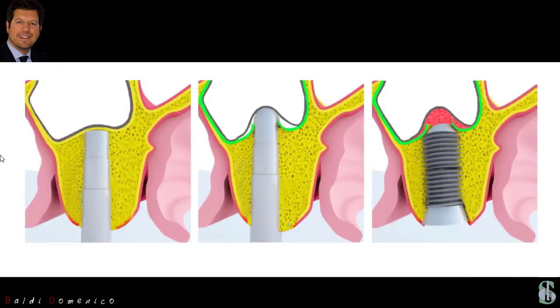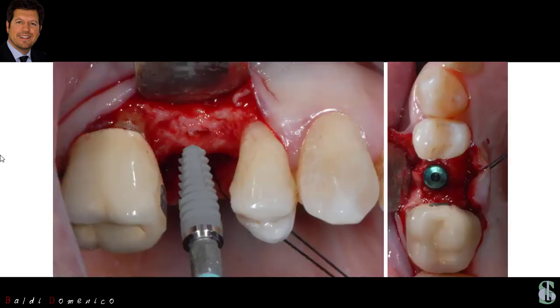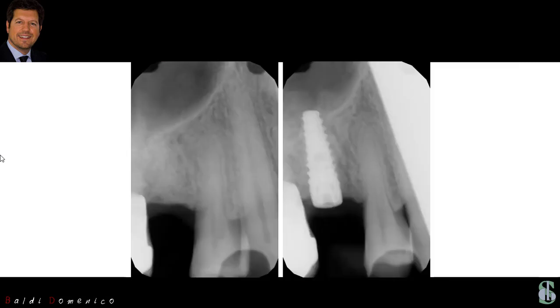Again, in this virtual reproduction, you can understand the procedure, but I want to show you the clinical cases. And in this case, we start again with the 100 osteotome, we enlarge our hole, and with the osteotome we crack the internal cortical bone, and we make the elevation of the Schneiderian membrane, as you can appreciate in this X-ray.